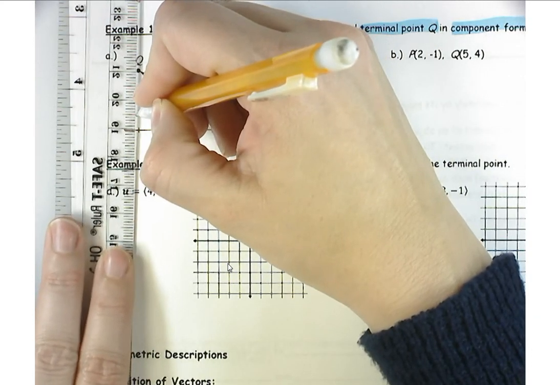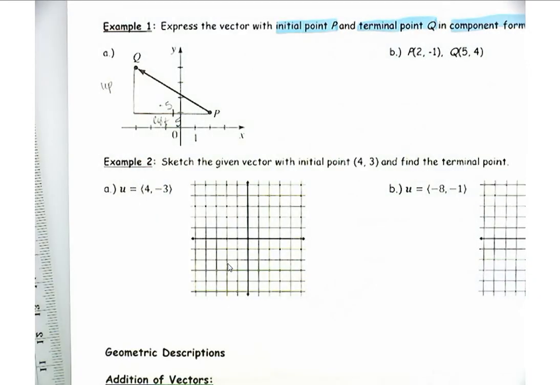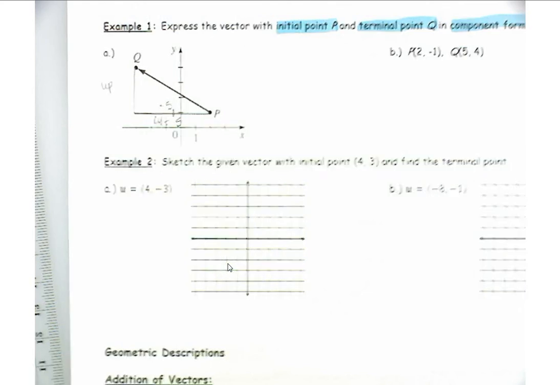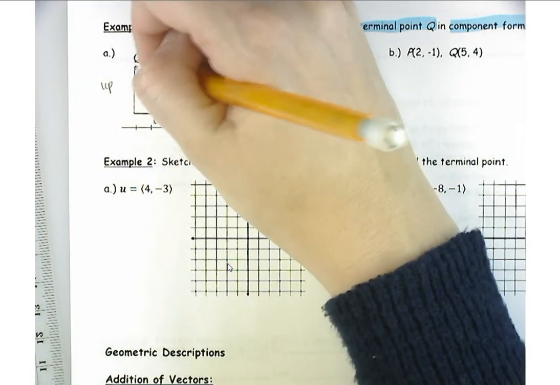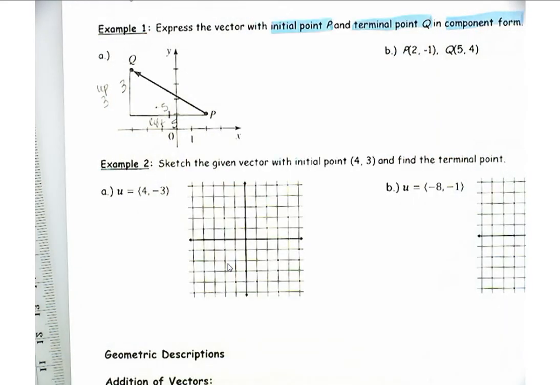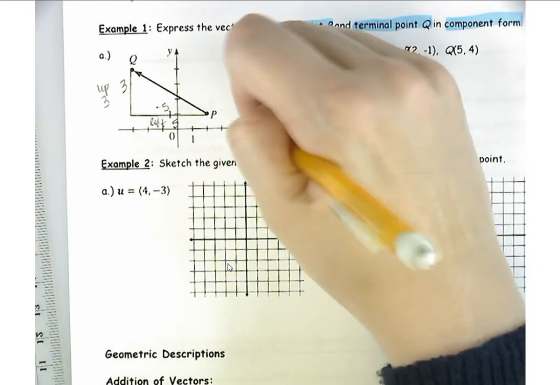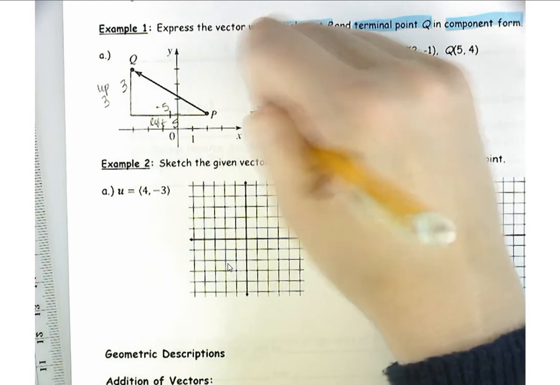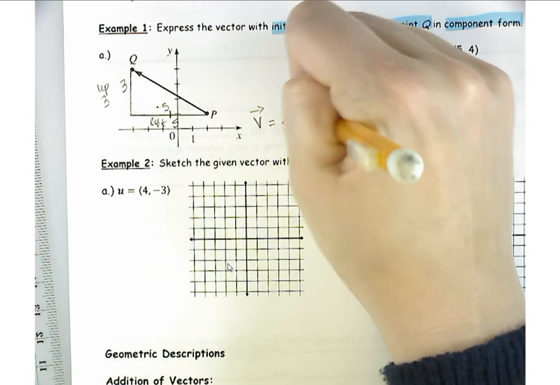I'm going up 3 units, right? You can count that: 1, 2, 3. So if you're going up 3, that's going to be a positive 3. So your vector in component form is just going to be negative 5, 3.